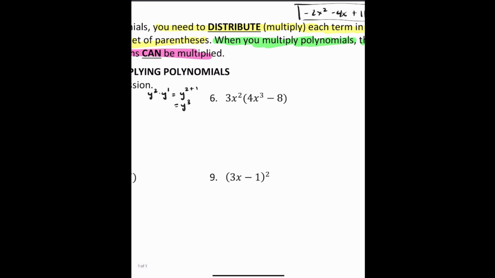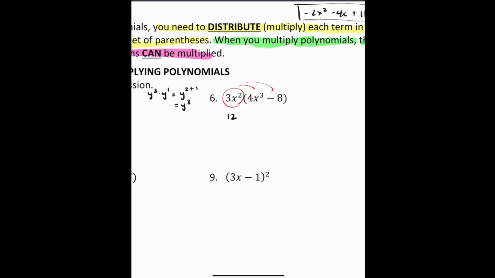Number 6, we have 3x squared times the quantity of 4x to the third minus 8. So this is in front of the parentheses, meaning that we have to distribute this to each term. So we have 3x squared times 4x to the third, right? 3 times 4 is 12.